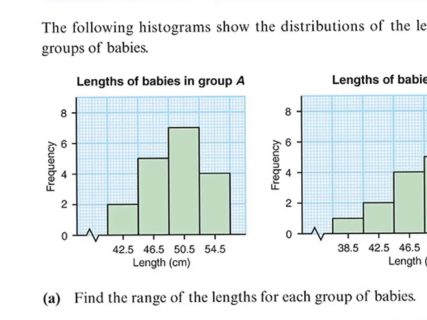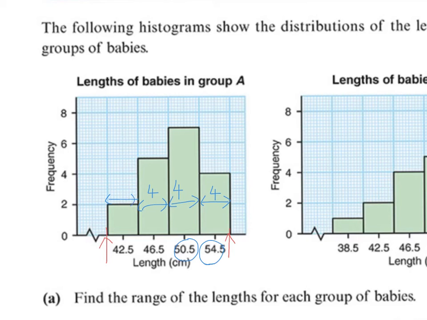To find it, we have to mark the two positions of the histogram. It is not that difficult because we can find the length of the bar here. So what's the length here? Each time is 50 to 54. That means every time we add 4. That means the interval for each bar is 4 units.